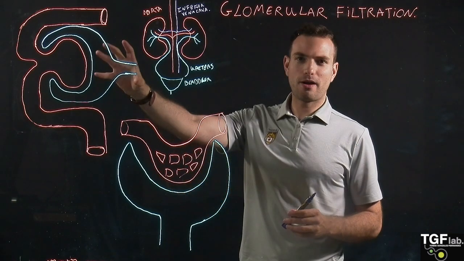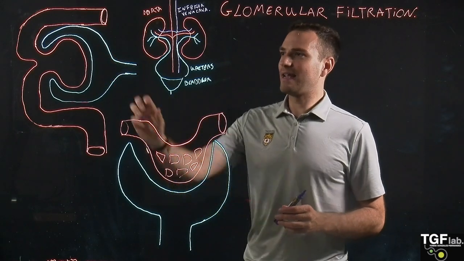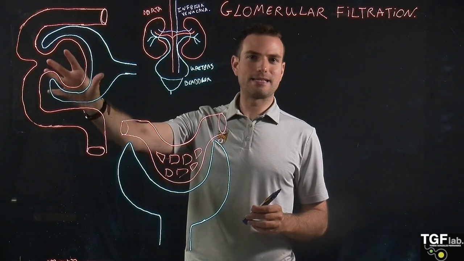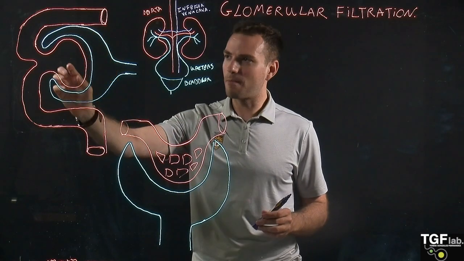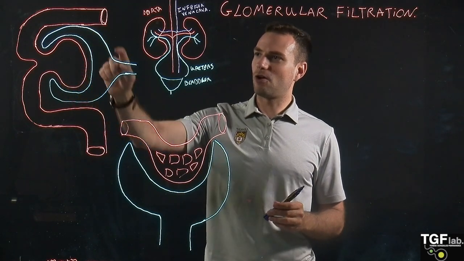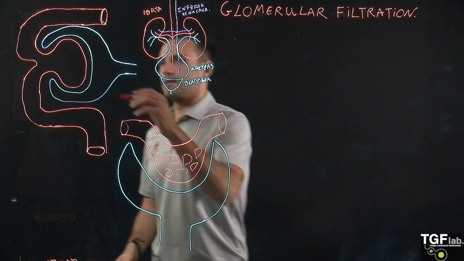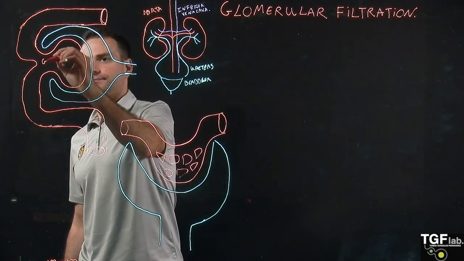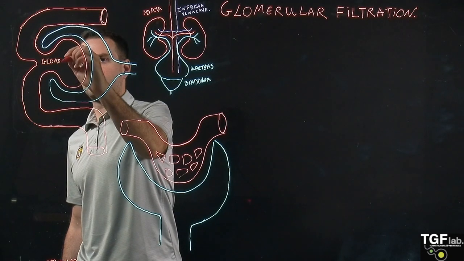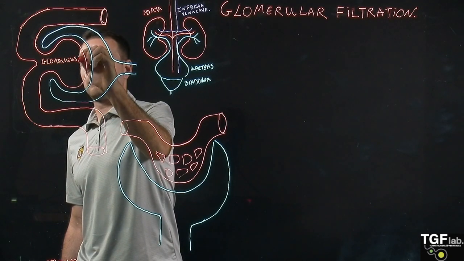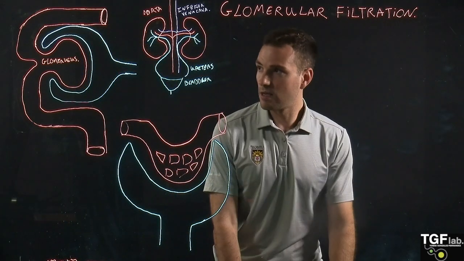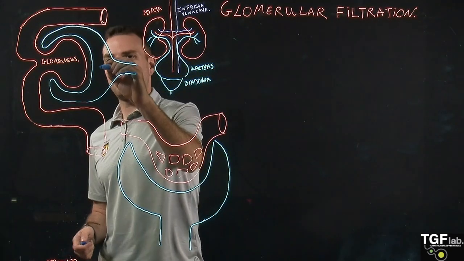The most important, functional part of the nephron in the schematic is formed by the glomerulus, and also by the Bowman capsule. So this is the glomerulus, and around the glomerulus, we have the Bowman capsule.